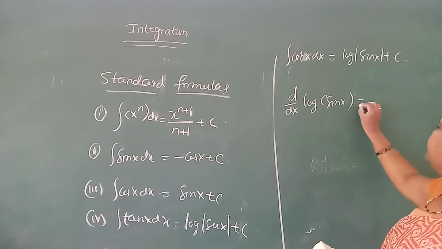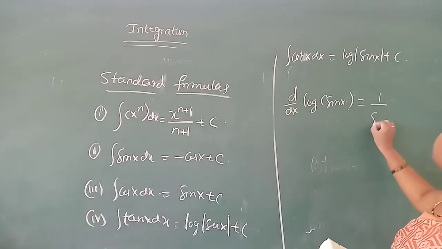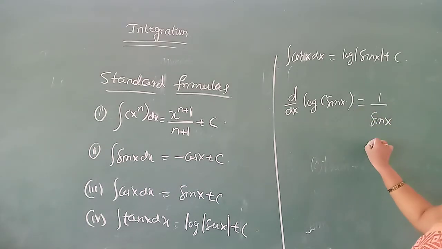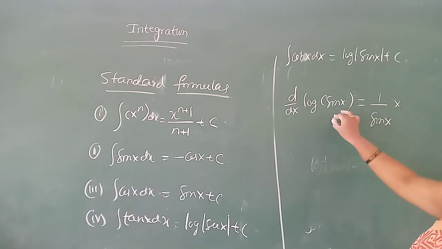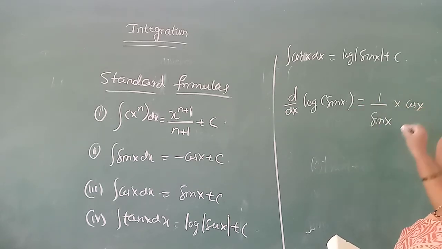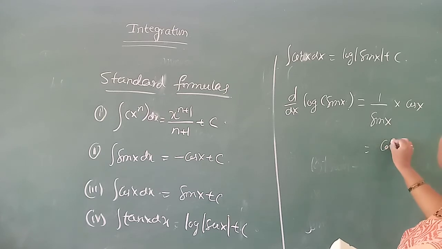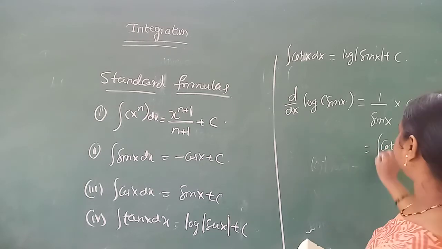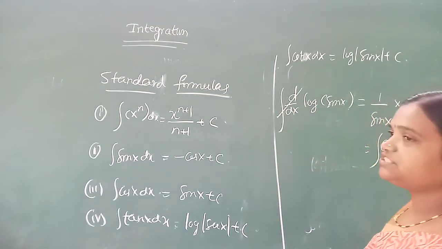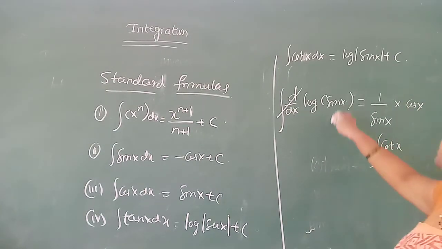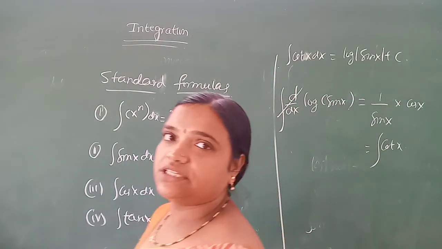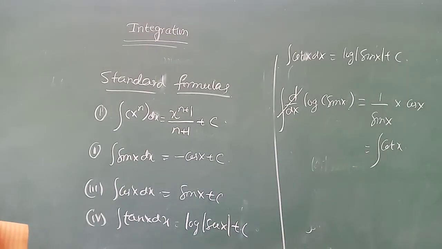See, log differential is 1 by x. What is your x? Sin x, so 1 by sin x. Differential of sin x is cos x, function of a function. Means cos by sin, cot x. Integration applies, integration and differential get cancelled. Therefore, integration of cot x is log sin x. In this way, you can calculate.